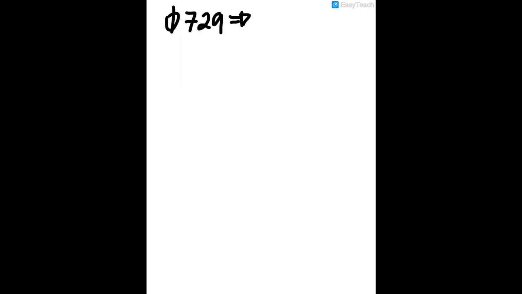For our last example, we have phi of 729. The prime factorization of 729 is 3 raised to 6. So to apply the formula, m times 1 minus 1 over p.